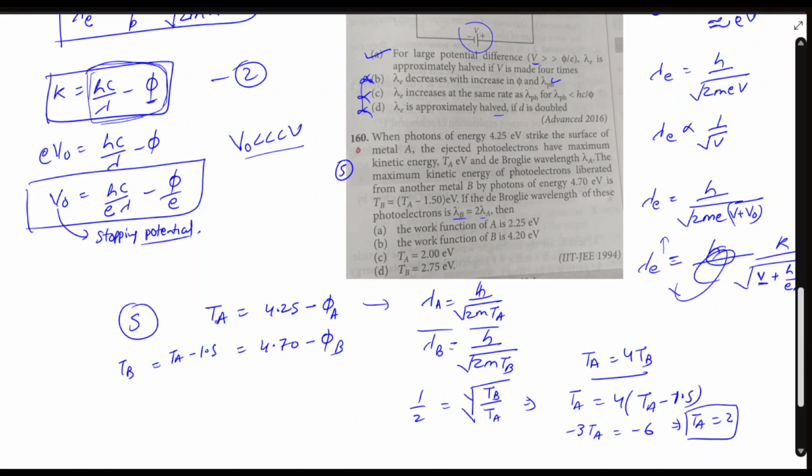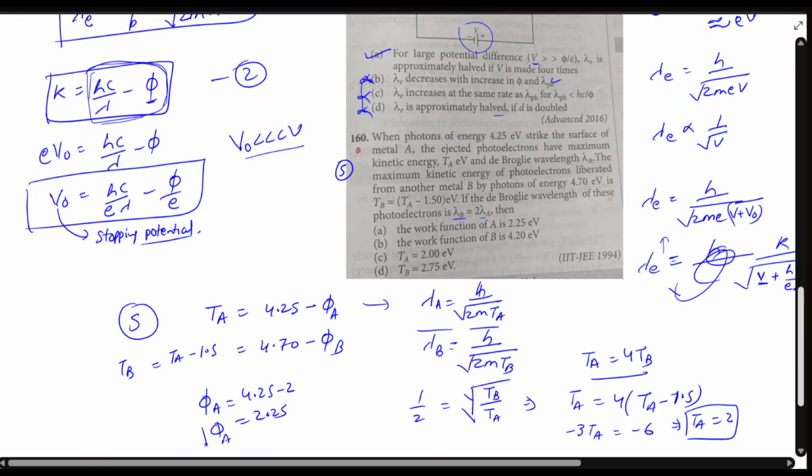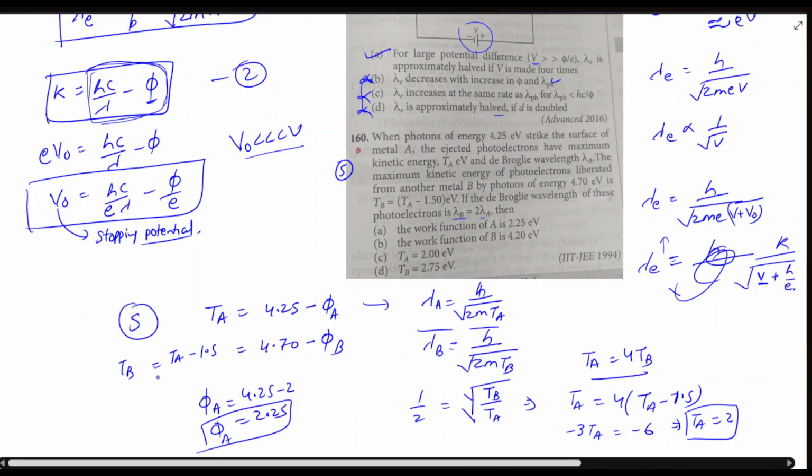So if TA is 2, then phi A will be 4.25 minus 2, which is 2.25, right? So phi A we get, phi B we can also find. So if TA is 2, then TB will be 0.5.